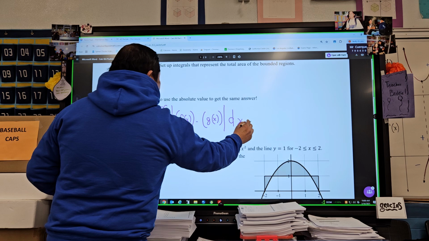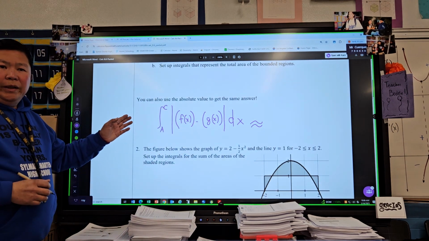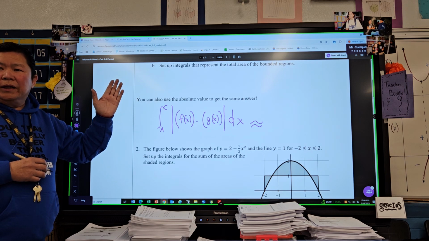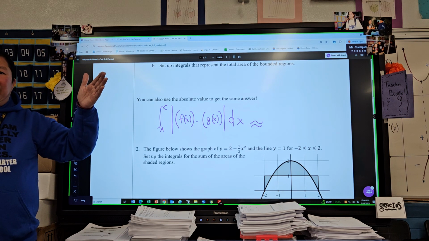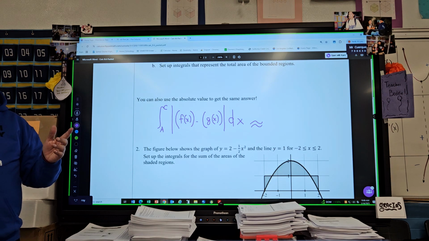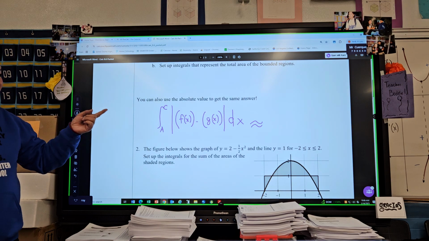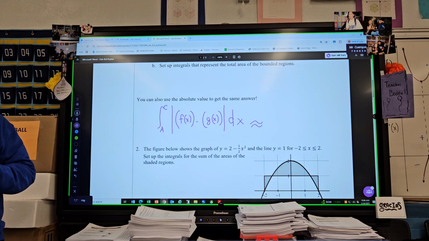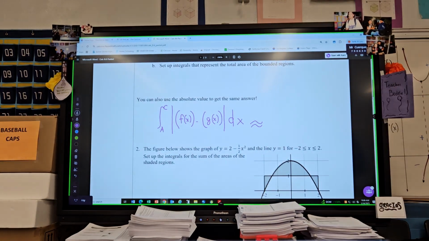So I'd like you to use the calculator now. Everybody, please use the calculator, but you have to press math 9. After math 9, you go to number, you slide to number, and then 1 is absolute value. And then you type now the function, the given f of x and g of x. Okay, can you do it? I'd like you to experience using the calculator now. Please, please.